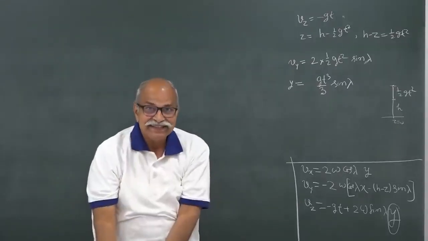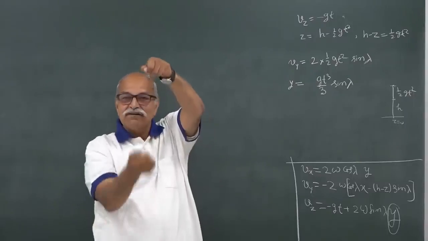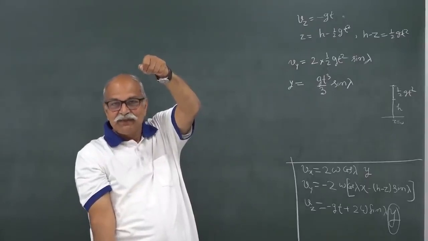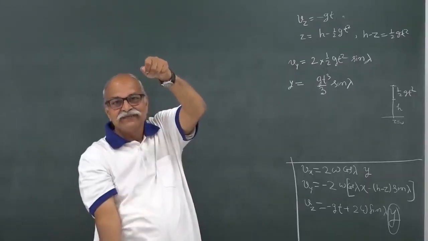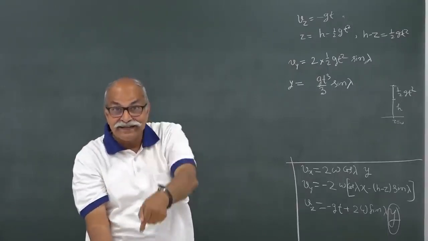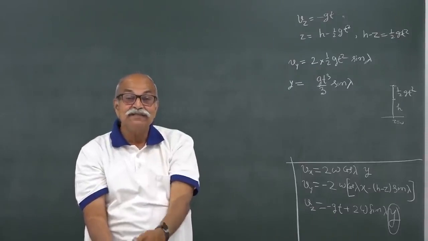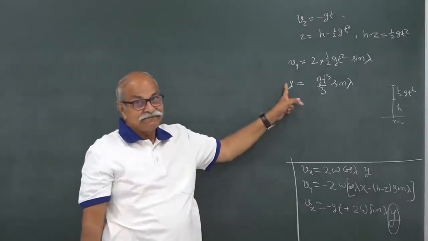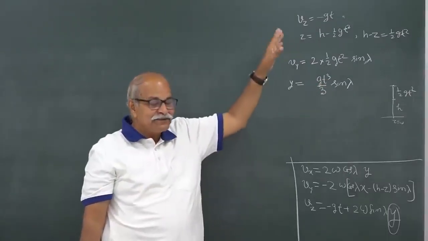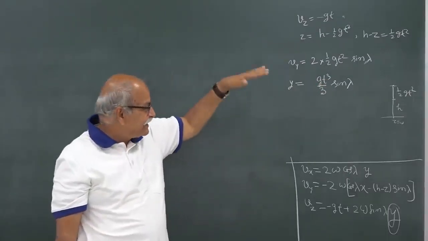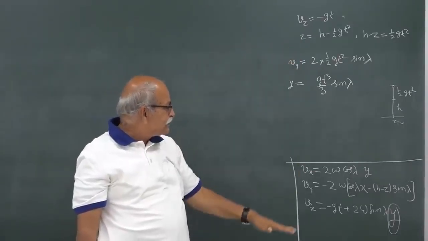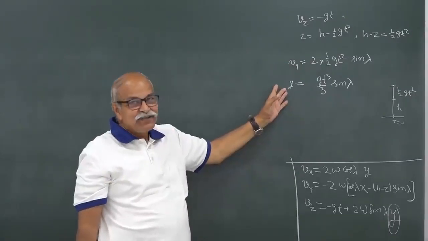If I just take a plumb line, suspend a pendulum at rest with respect to me, that thread is vertical, and if I drop a particle from here, it will not go in that direction, it will be deflected towards east according to this equation. We are of course neglecting air resistance, etc.